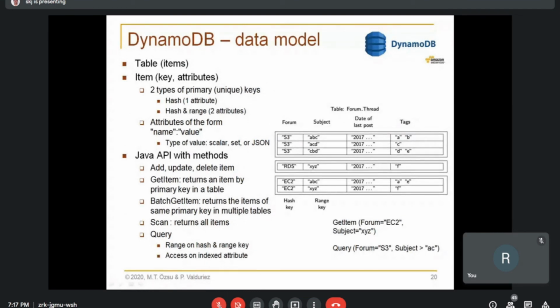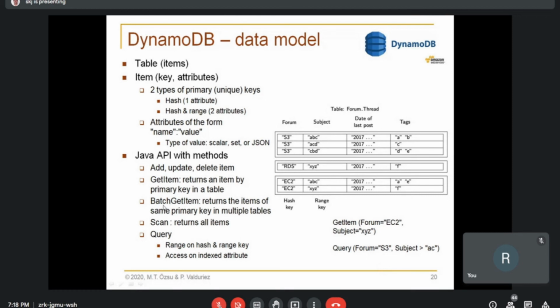The DynamoDB data model is a table. Table, item, key, attribute. Two types of primary unique key: hash, one attribute; hash and range, two attributes. Attribute of the form... Java API with methods to add, update, delete, get item by primary key and return the item.